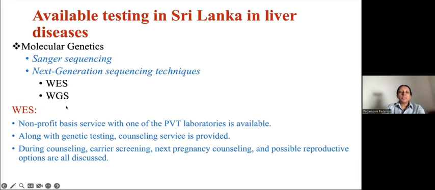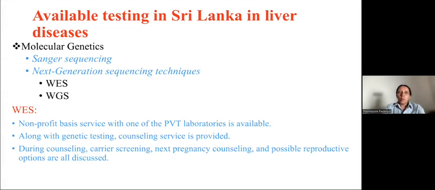Of the NGS platforms, I must mention whole exome sequencing. It's a very important test. It has become the test of the CLCD liver team now, because after a series of discussions with one of the private laboratories in Sri Lanka, we were able to acquire a very concessionary price for whole exome sequencing. It's remarkably low, and it's a non-profit service.